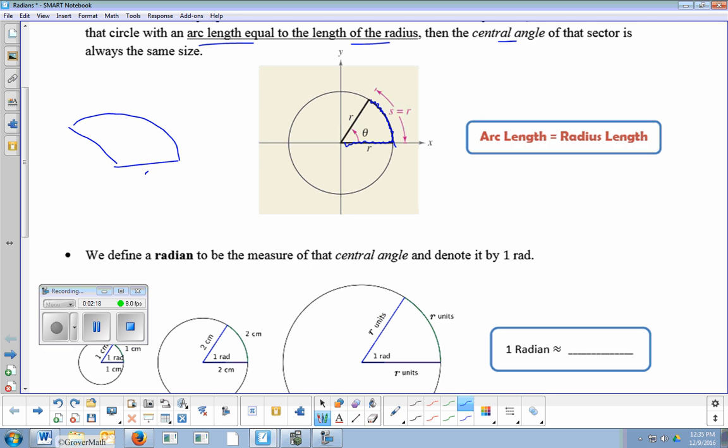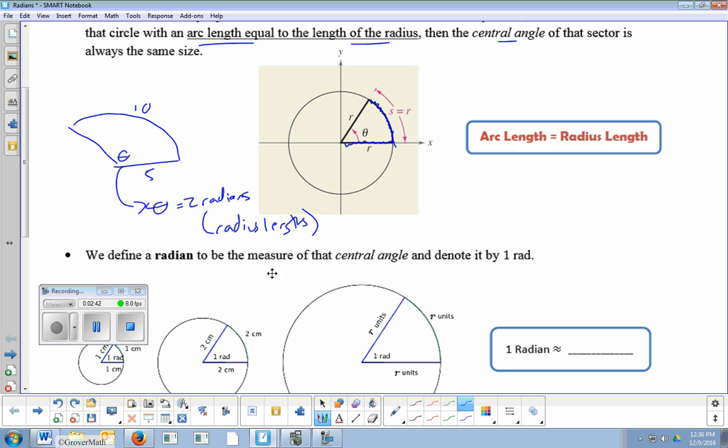If this radius were 5, for example, and I were to say this arc length is 10, that means that this angle theta equals 2 radians. Because what that really means is it equals 2 radius lengths.